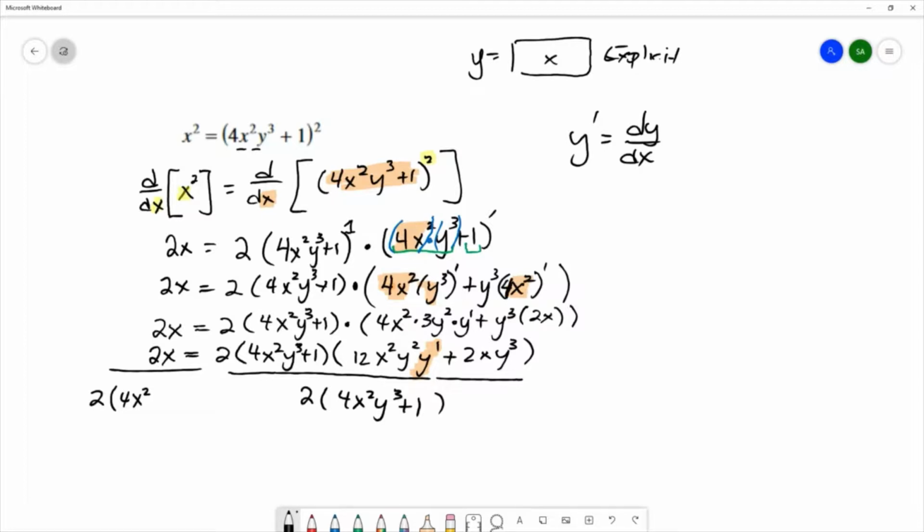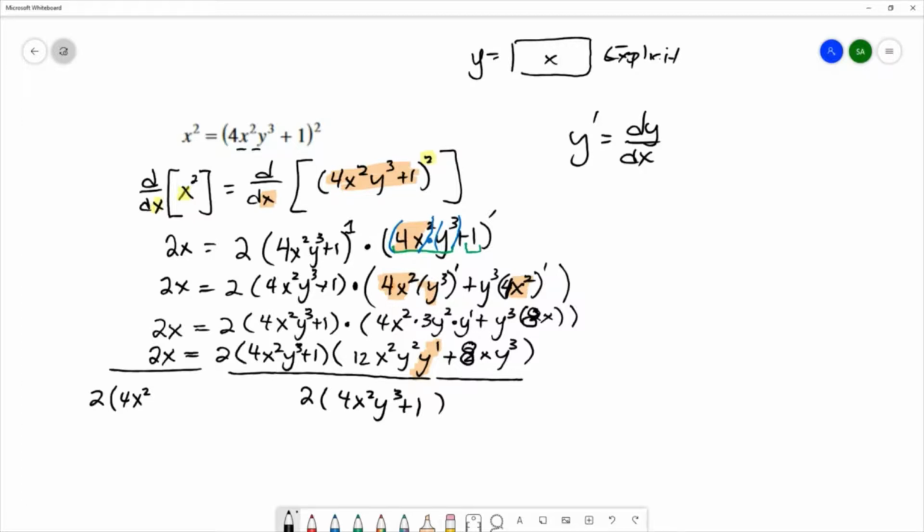So there should be a 4 there, and that makes this 8x, and that makes this 8xy cubed. Good catch.